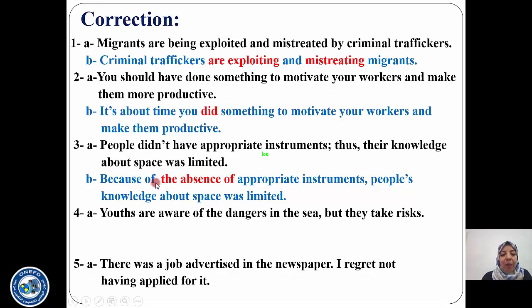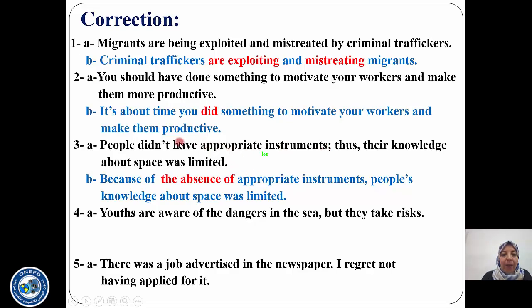Because of, not because. It means that you need to make certain changes. So it's not correct, for example, to say because of people didn't have appropriate instruments. No. I need to remove the verb to get a noun phrase. The noun phrase here is appropriate instruments.